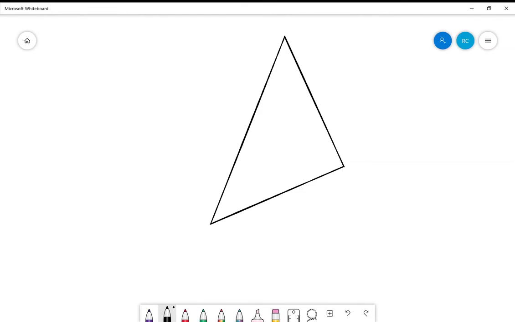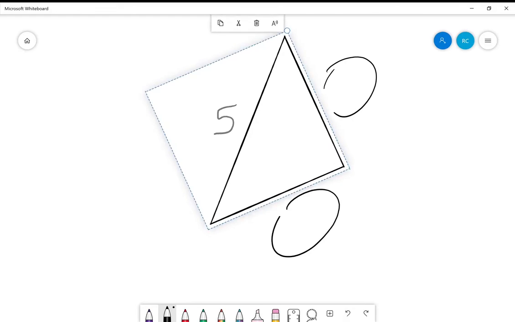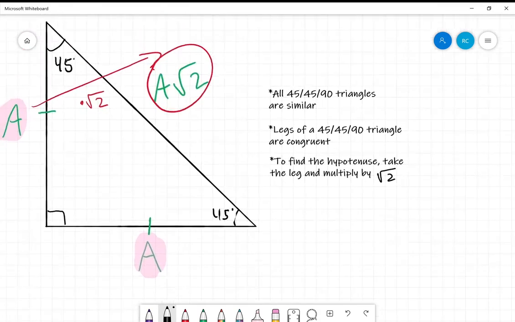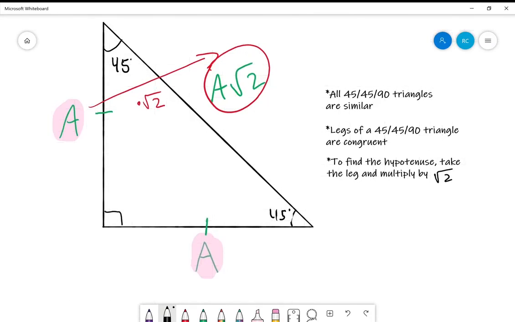What if I had a hypotenuse that's 5, and I want to find the legs? Okay? Take a look at the notes that you've been taking. That's these up here. This isn't directly covered in the notes that we took, but I think you can figure it out.